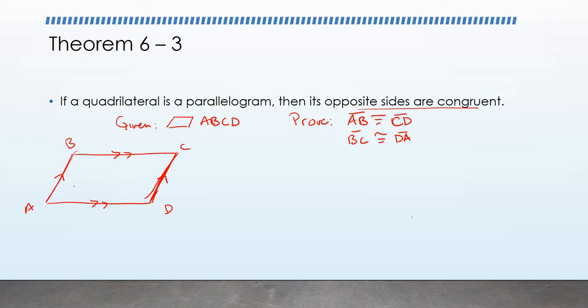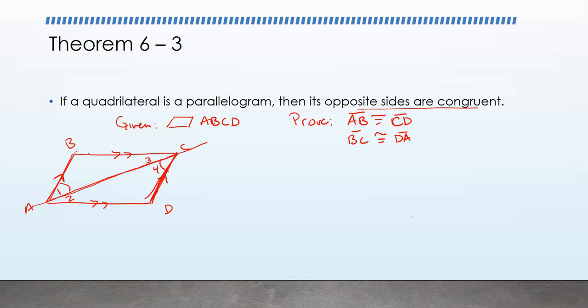So the first thing I'm going to do is I'm going to draw a diagonal. Now, I'm going to separate these into some angles, 1, 2, 3, and 4. So if I take this diagonal as a transversal, and I look at parallel sides AB and CD, by alternate interior angles, I know that angle 1 is congruent with angle 4.